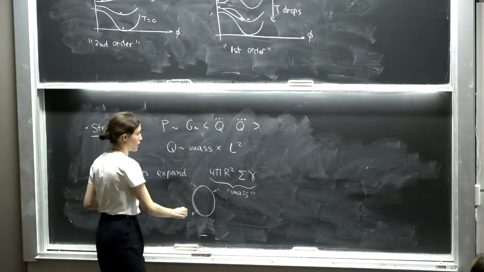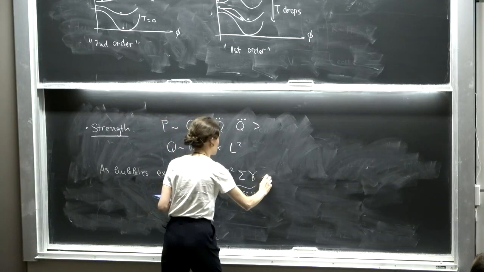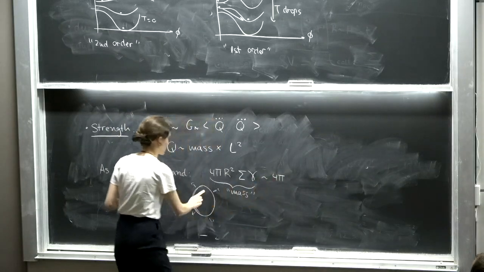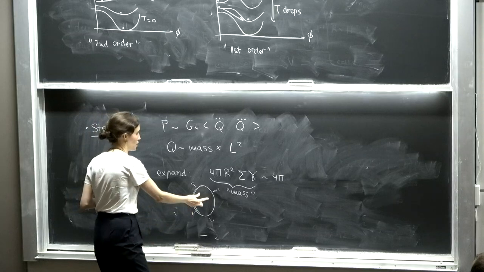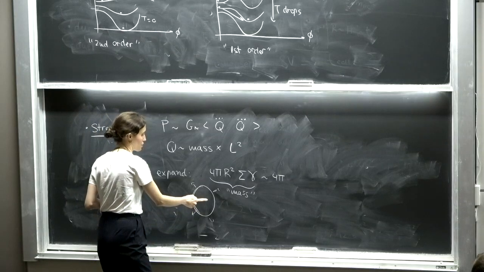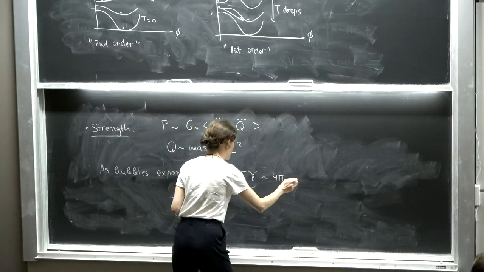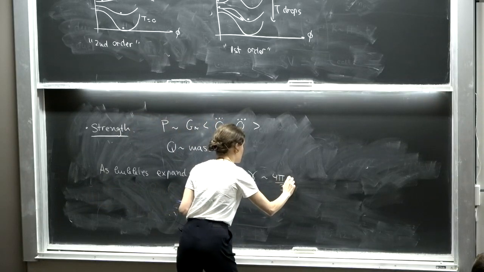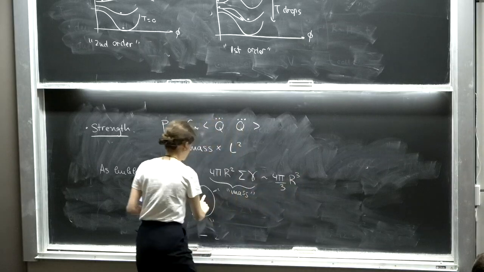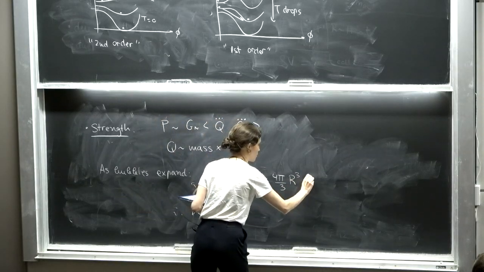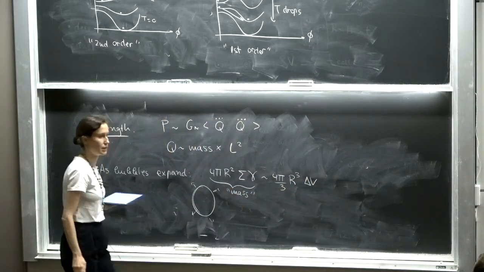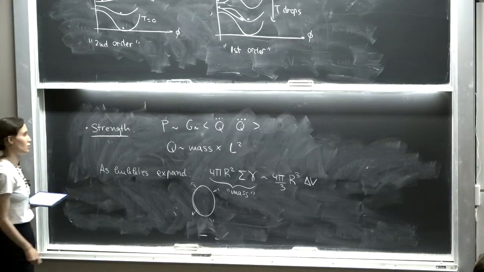This energy needs to be coming from somewhere, and that somewhere is the fact that as this bubble gets bigger and bigger, you're winning energy by the vacuum inside being at lower energy than the vacuum outside, okay? So just by energy conservation, we know this is going to be the volume times that difference in energy densities inside and outside of the bubble wall.